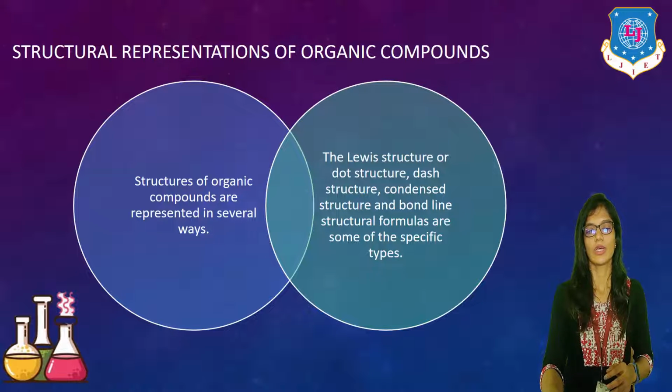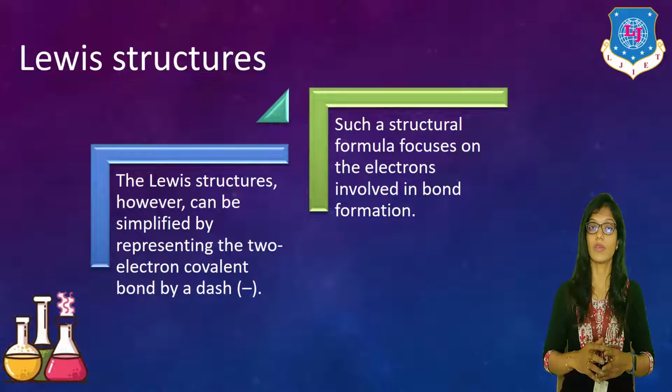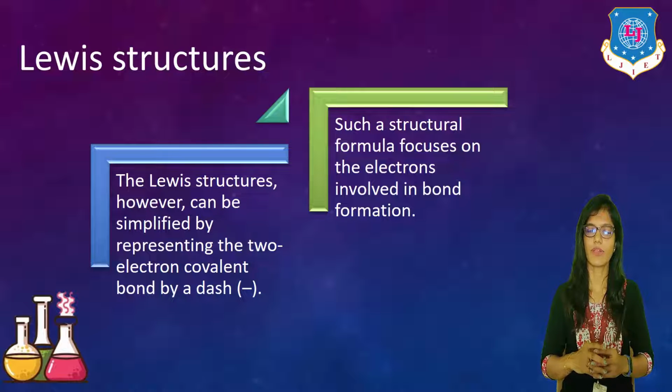Okay, so we will take a look at one of the structures, known as the Lewis dot structure. It's the most widely used and gives us an idea of how many electrons are actually free. The Lewis structures, however, can be simplified by representing the two-electron covalent bond by a dash. Such a structural formula focuses on the electrons involved in bond formation.